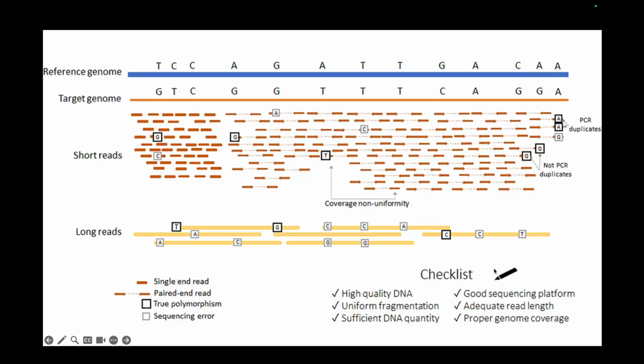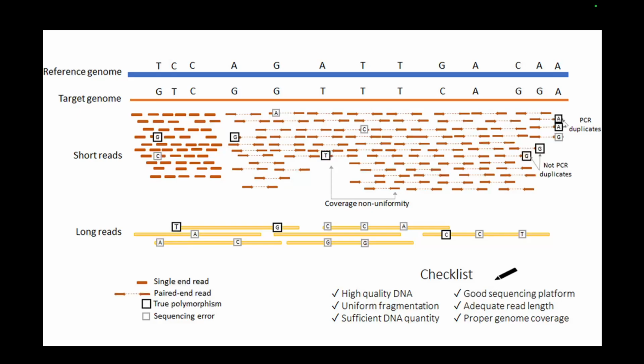You also need adequate read length that comes with the type of technology you're using for WGS, and proper genome coverage. You would want good coverage across the genome, because if you have non-uniform regions where just one or two reads are supporting your variant, it's very hard to confidently claim that a variant is there.